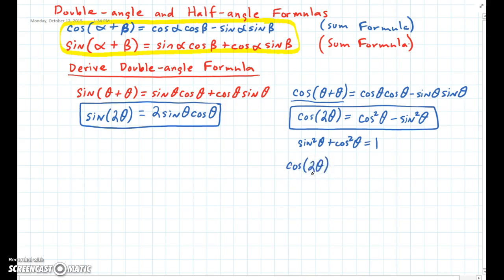So cosine of 2 theta can also equal 1 minus sine squared theta minus sine squared theta, which gives 1 minus 2 sine squared theta.